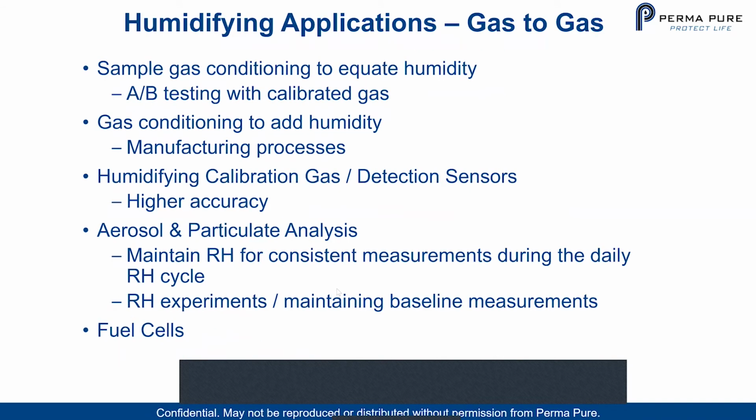And that relative humidity is 93%. So let's look at some humidifying applications for gas to gas. Number one, sample gas conditioning to equate humidity, A/B testing with calibrated gas. There are some analyzers that have this built in. Gas conditioning to add humidity: there are a number of manufacturing processes that we support with humidifiers that add humidity to gas streams. We humidify calibration gas, particularly for gas detection sensors, for higher accuracy and fewer false alarms.